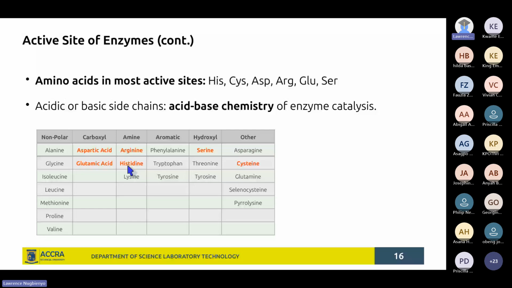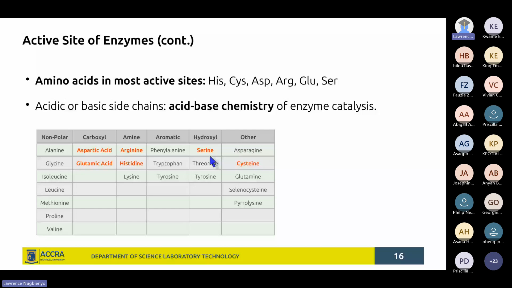And you also see serine is having a hydroxyl group. And that hydroxyl group is reactive and can have some hydrogen bonding interactions, or say also proton transfer interaction in the activation of enzymes.